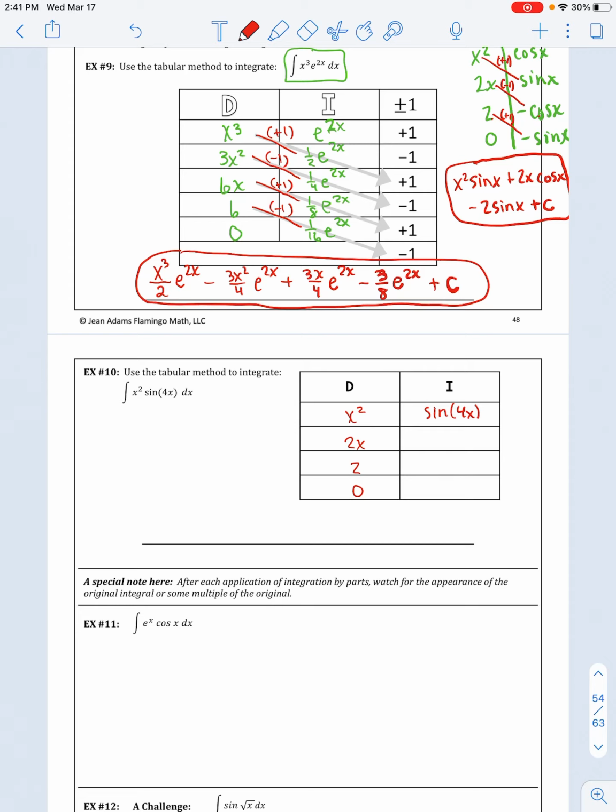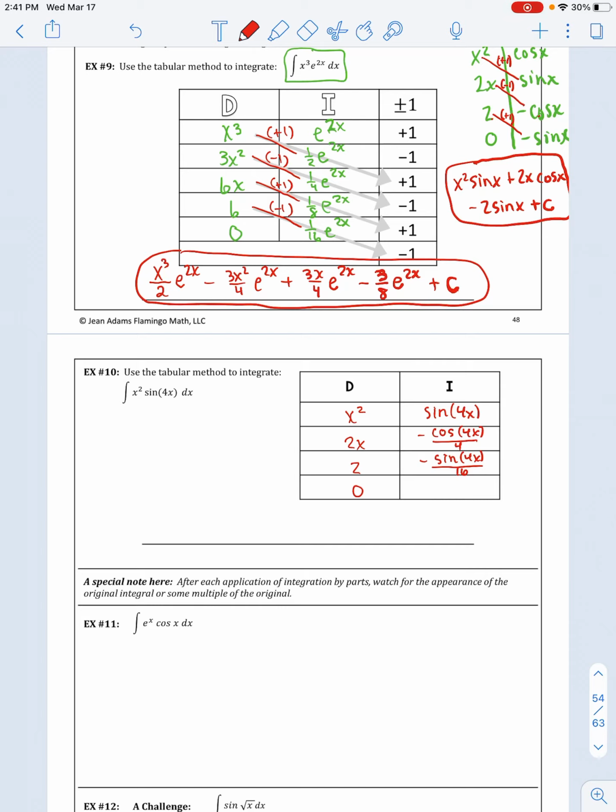That would be negative cosine, but we have to remember to divide by 4. So negative cosine of 4x divided by 4. What can we take the derivative of that will give us negative cosine? That would be negative sine. But we have to remember to divide by 4. It gets multiplied by this 4, so I'm actually dividing by 16.